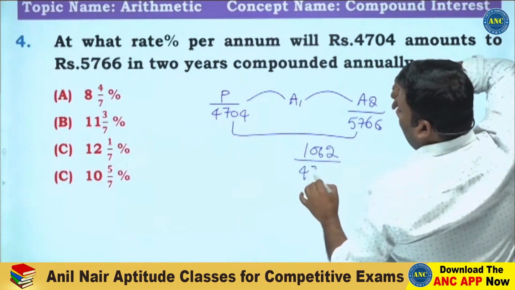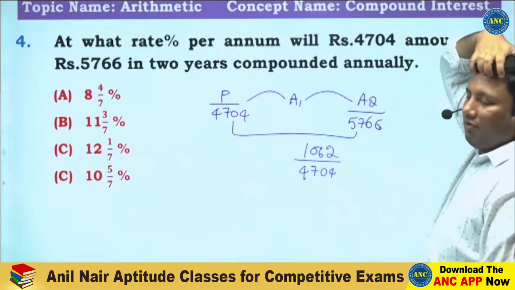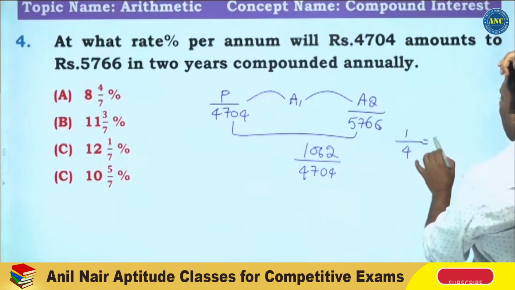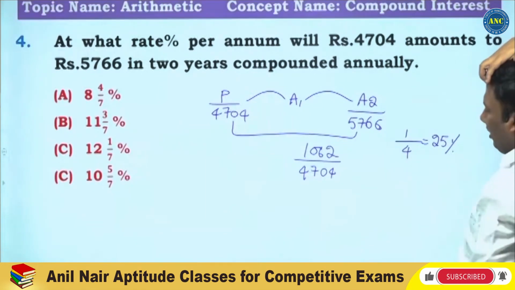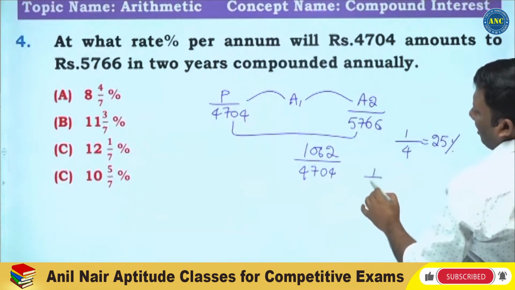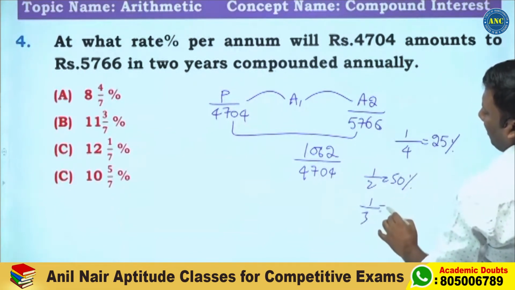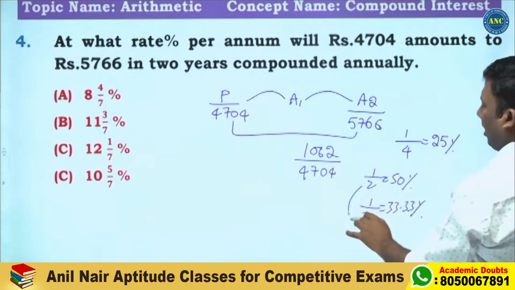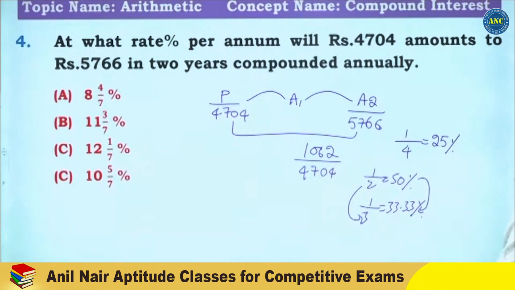On 1 by 4704. 1 by 4 is 25 percent. Now see here, 1 by 2 is 50 percent, 1 by 3 is 33.33 percent. As the denominator increases, the value decreases.